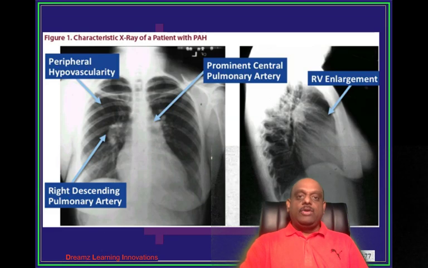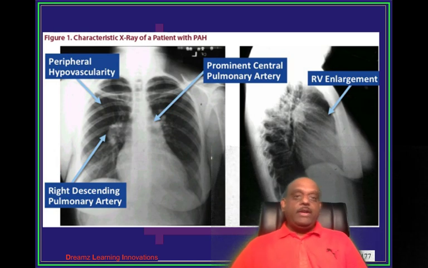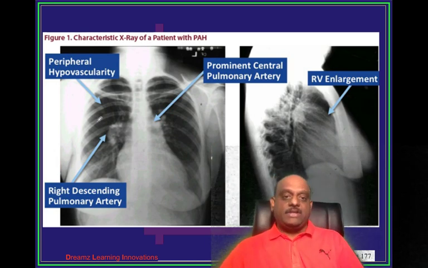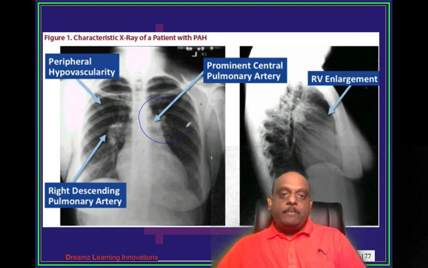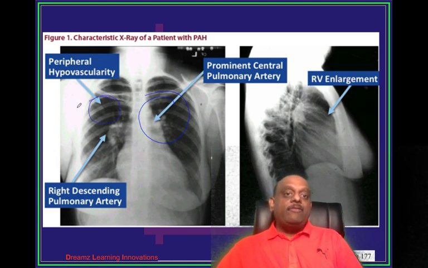Very good. Now doc, you need to remember pulmonary artery hypertension में what are the classical features? Pulmonary artery hypertension में prominent central pulmonary artery रहता, peripherally hypovascularity रहता, and right descending pulmonary artery become very prominent, and there will be a right ventricular enlargement.